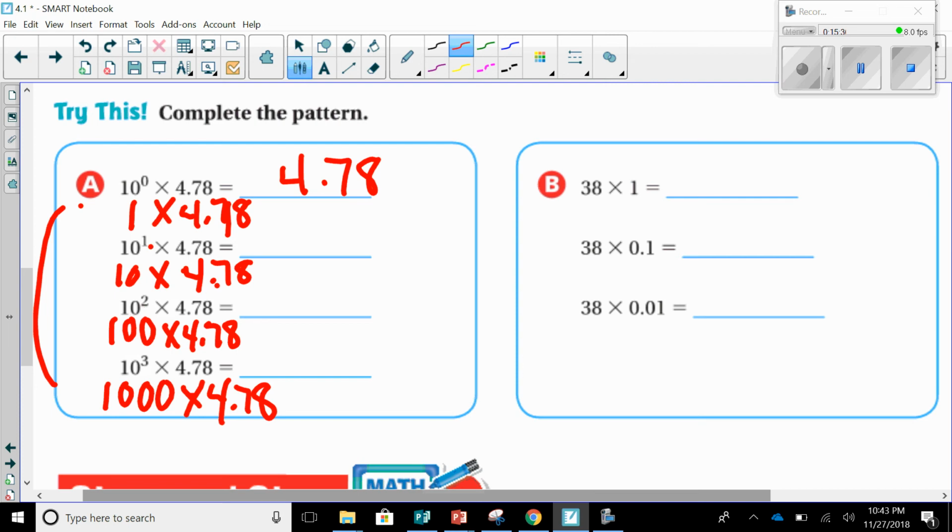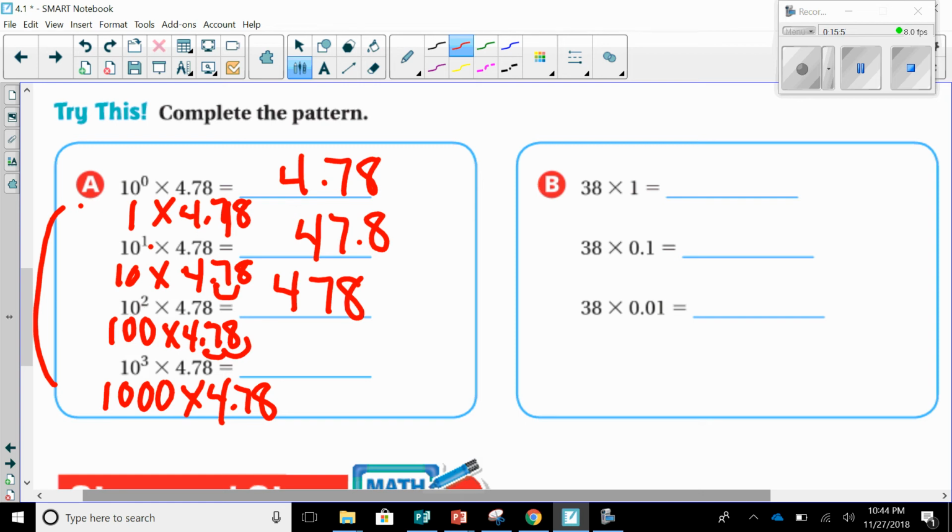So 4.78, if I move that 1 spot to the right, that gives me a new number of 47.8. Okay? So 10 to the power of 2 just means I'm going to move the decimal point 2 spots to the right. So 1, 2. So it would be 478.